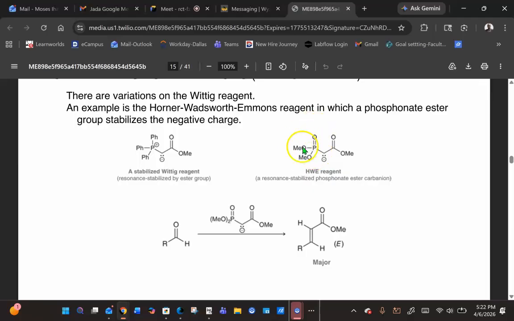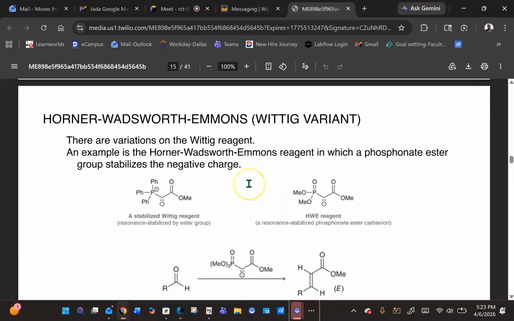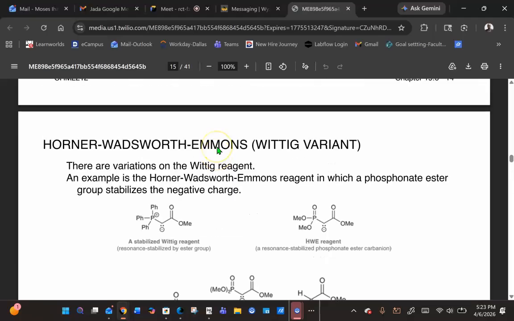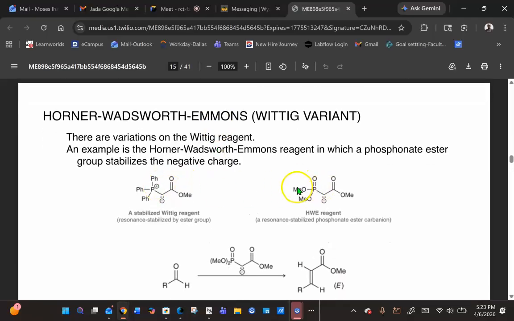Sometimes it can be this, but it's the same thing. Both of them will give you E, whether you have this part or PPh3. The main guiding part of the molecule is the carbonyl electron withdrawing group that forces an E. This one's called Horner-Wadsworth-Emmons because these three scientists came up with this reagent.